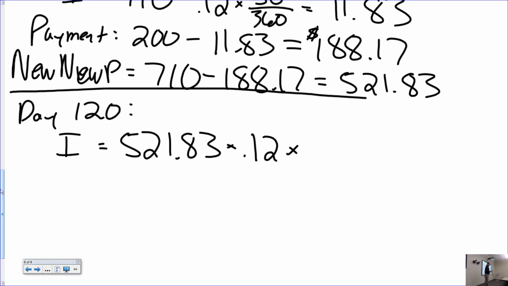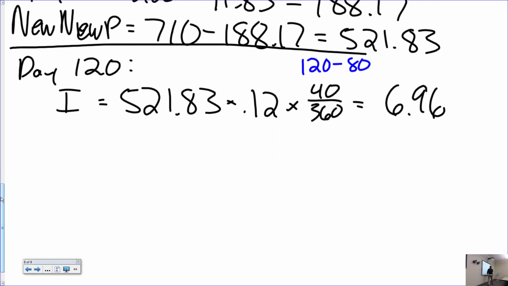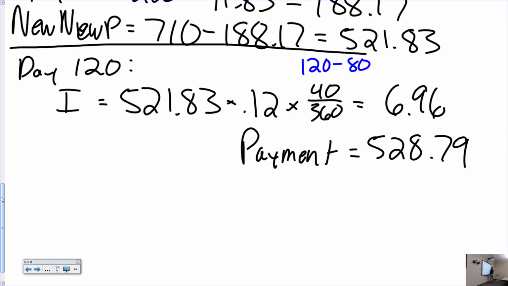Because we went from the 80th day to the 120th day, right? How much interest on our final payment? $6.96. So what do I pay to close off this loan? 528.79. And we're done.